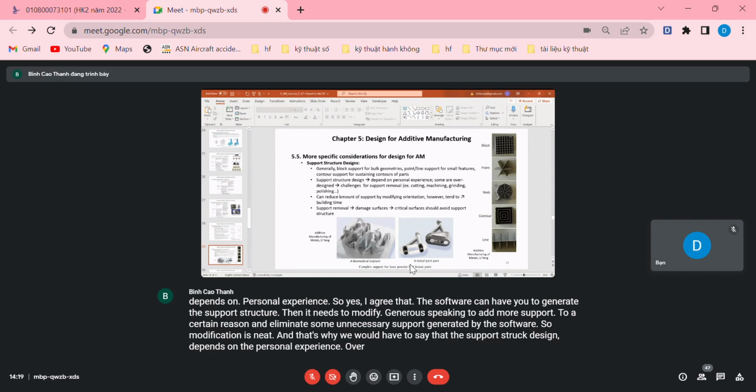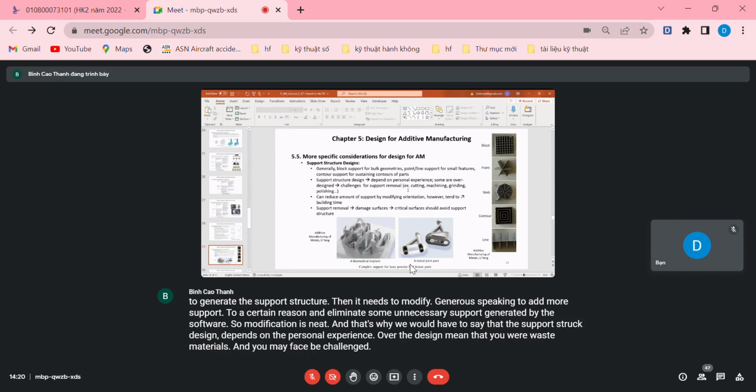Over design means that you waste materials and you may face challenges regarding removing the support after the 3D printing process.